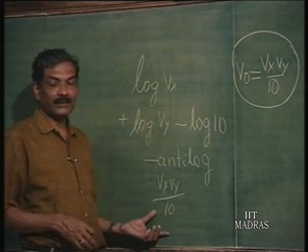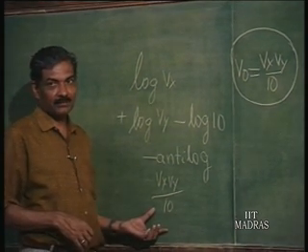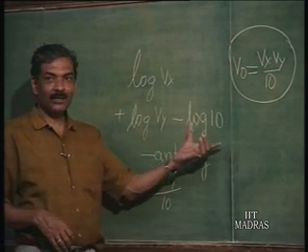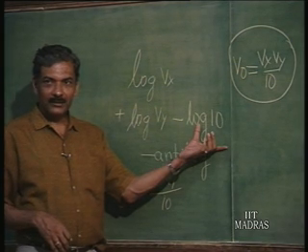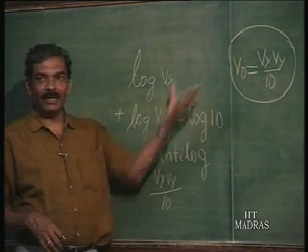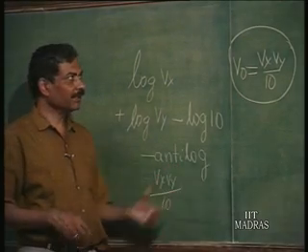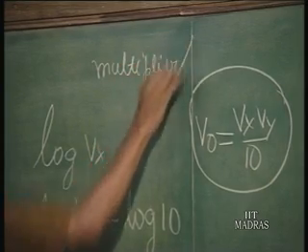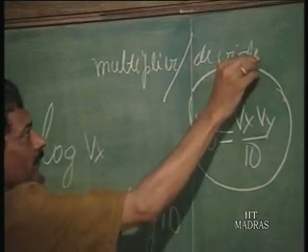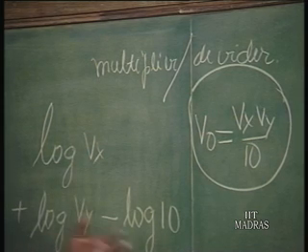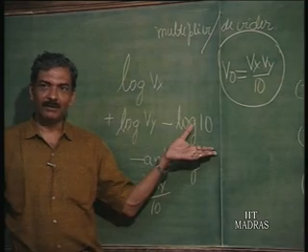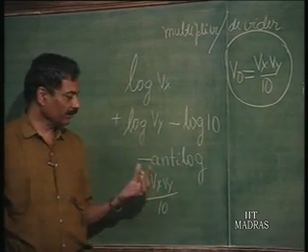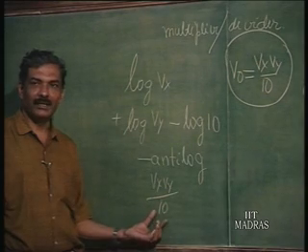Now, when I do this design, I can also design a divider. Please remember, I can take log of Vx and log of Vr and subtract log of Vy. So, then I will get Vx 10 by Vr. So, simultaneously I can design a multiplier-divider. The only thing is the inputs will be varying, that is, this is Vx, this is 10 and that is Vy, then it becomes Vx 10 by Vy.